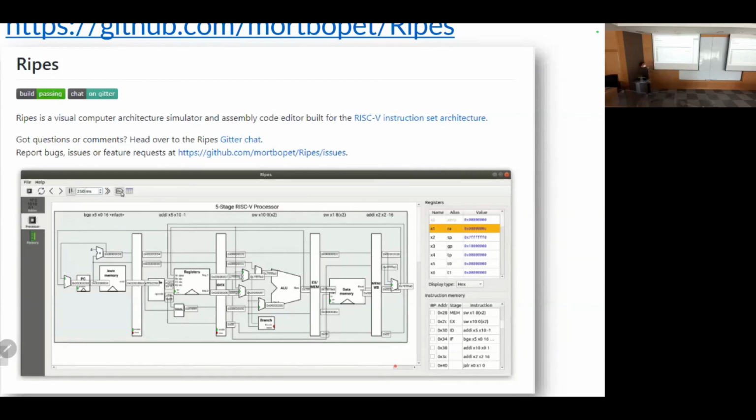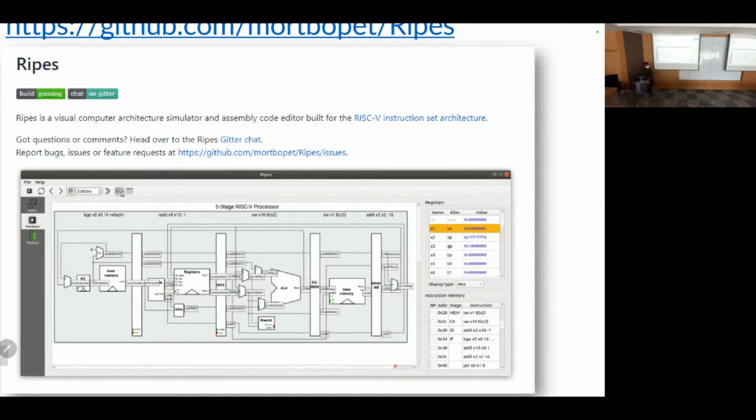And then assembly code has instructions, and every instruction can be given to this processor simulator, and then you can see how the instructions are handled in a real processor.